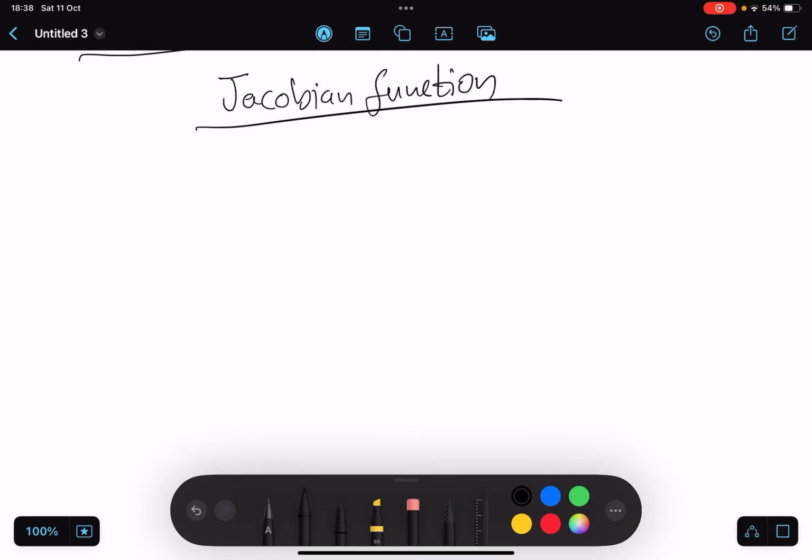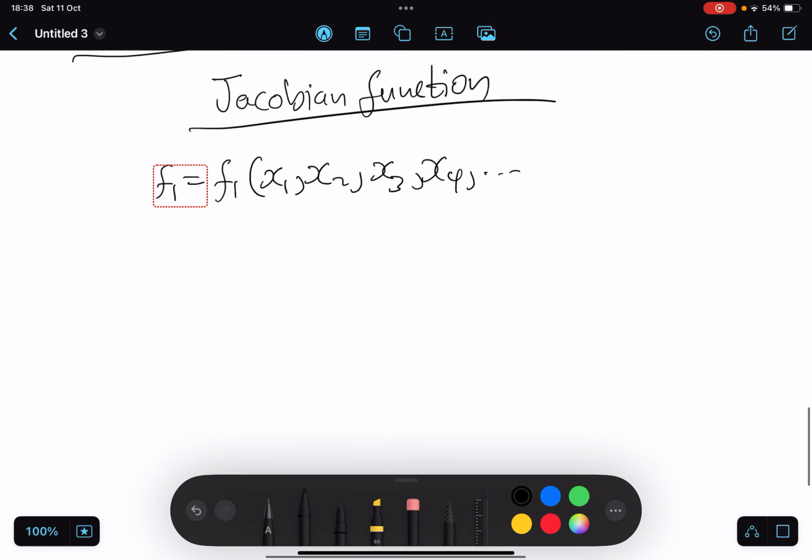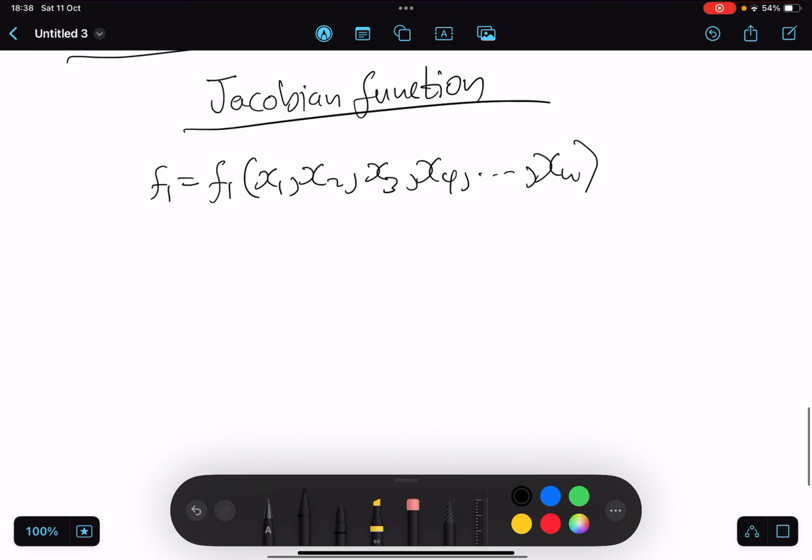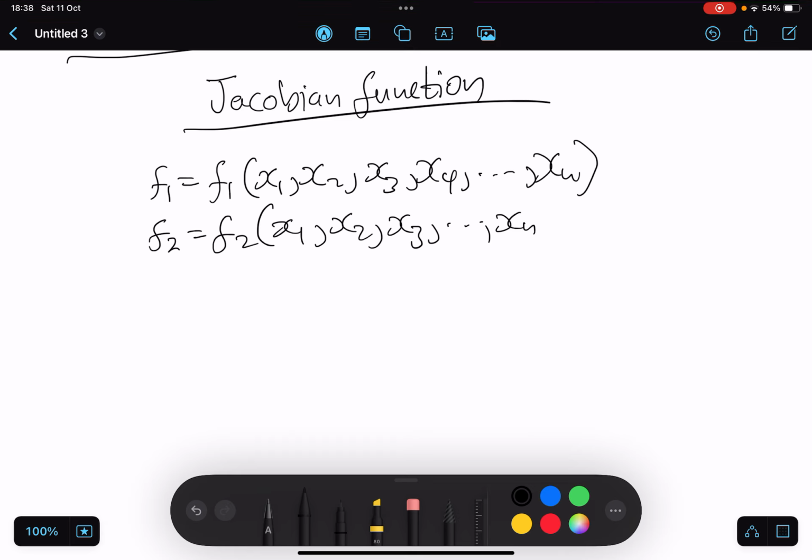If you are given a number of functions, we have the first function, which is equal to f1 with respect to a number of independent variables that goes to n, right? And then you're given another function with a number of different variables that goes to n.